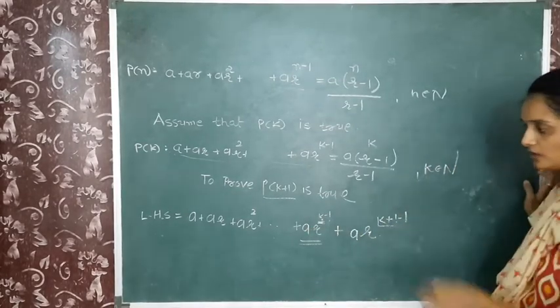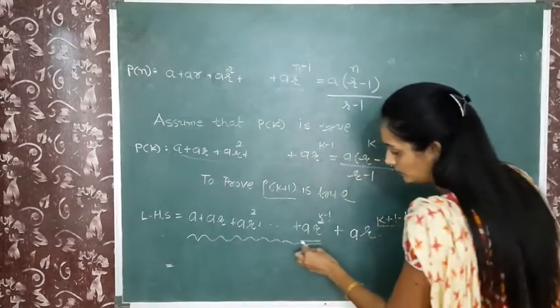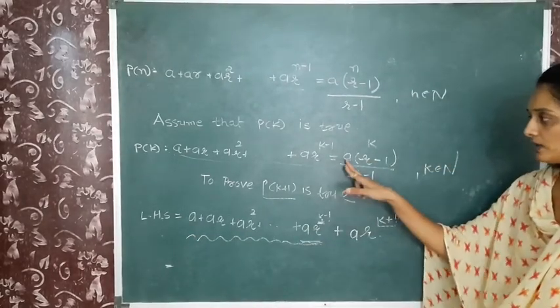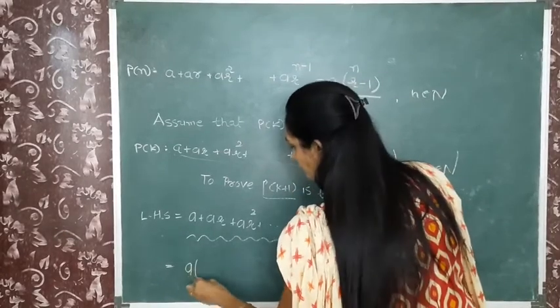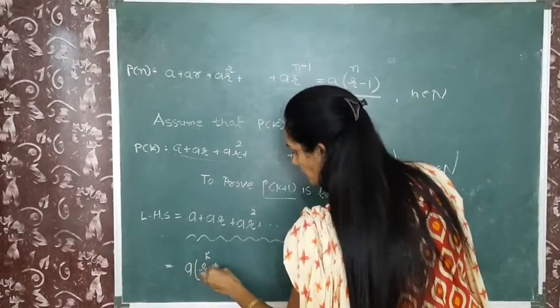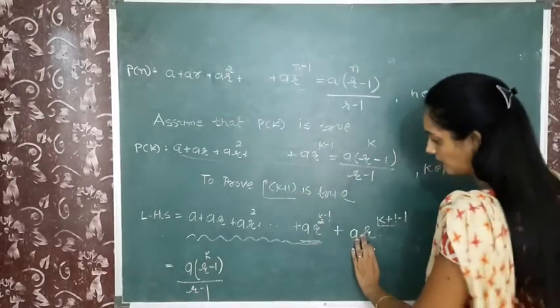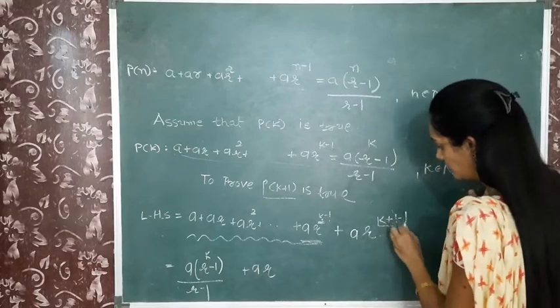Okay, so now for these steps we can replace the value from P(k): a times r raised to k minus 1 upon r minus 1. And this step is a r raised to k plus 1 minus 1.